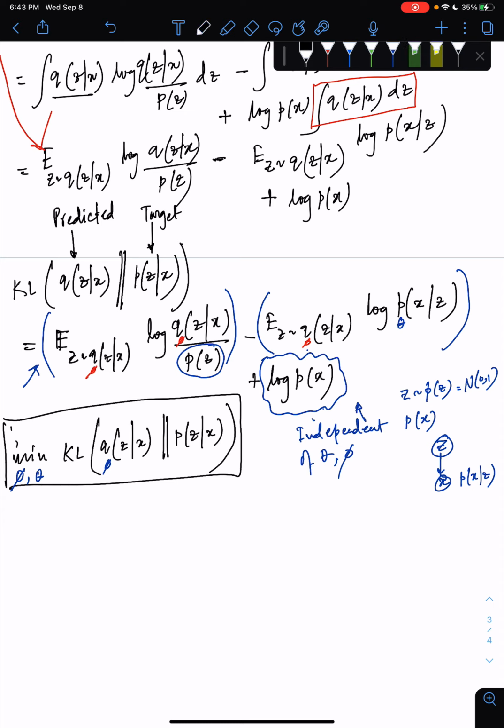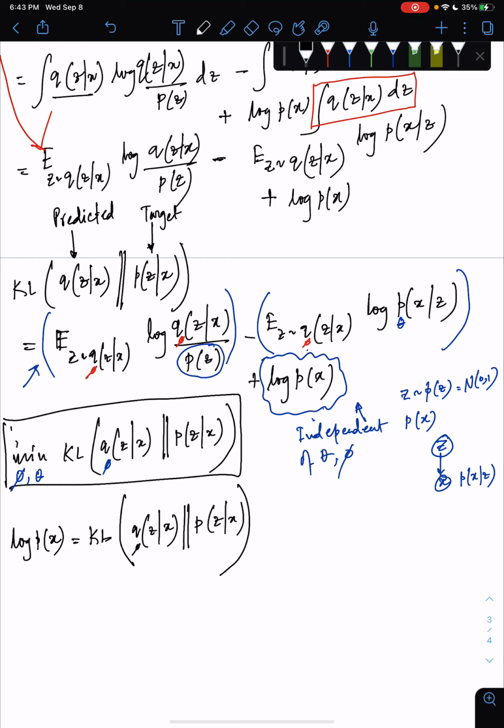So I can write something like this: log p of x is nothing but the KL of this, plus the second expectation term.